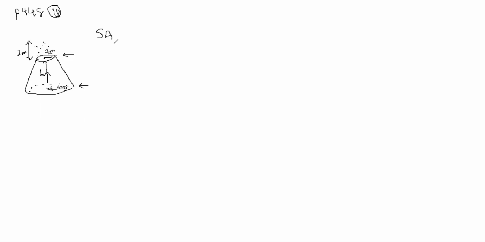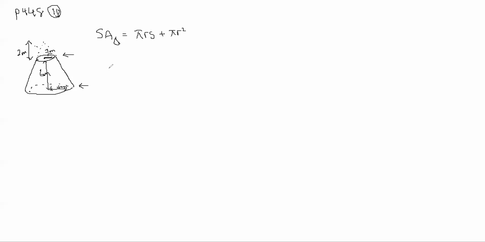Surface area of a regular cone, this is not a normal cone, of a regular cone is pi r s plus pi r squared. Pause the video and take a second to think of how you might approach this question. If my image is poor, go to the textbook that Nelson has graciously provided and take a look at the image they provide there. Pause the video.